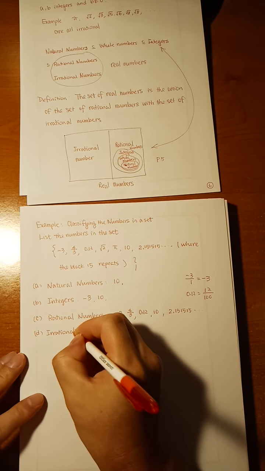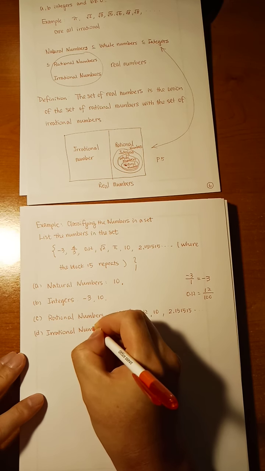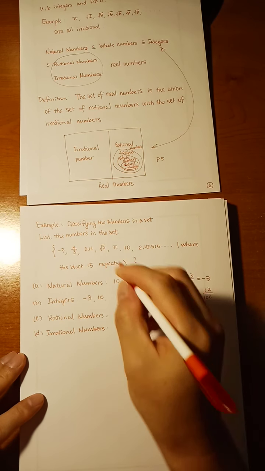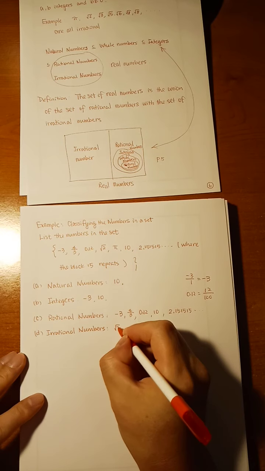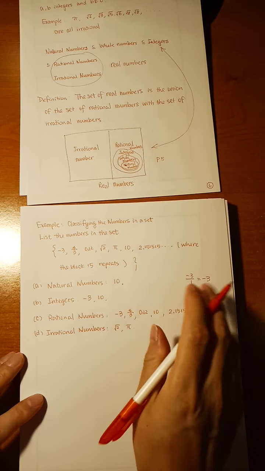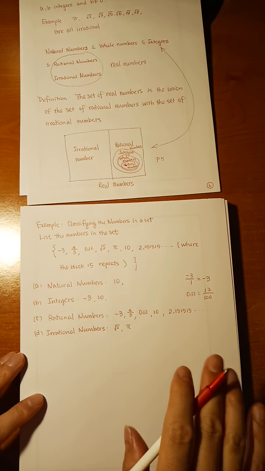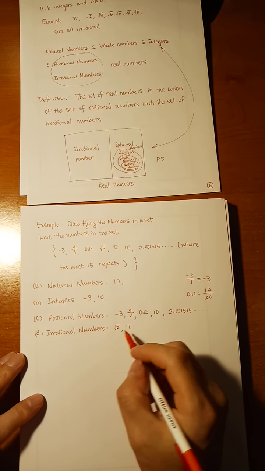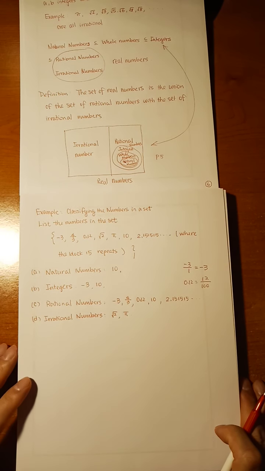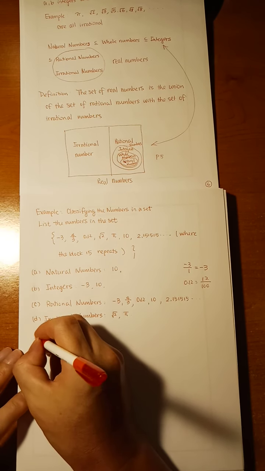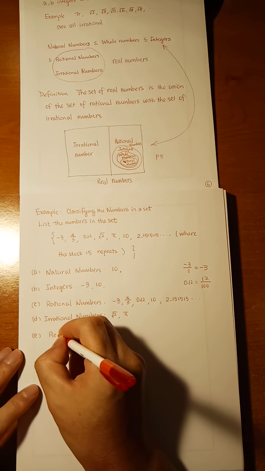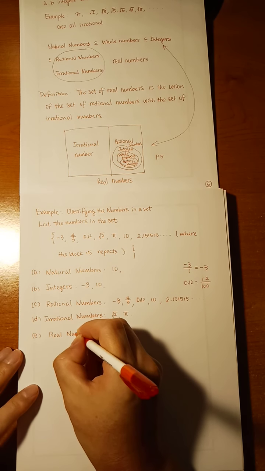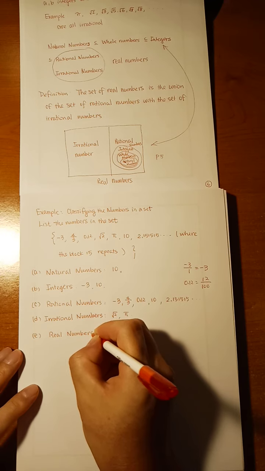Irrational numbers. Square root of 2 and pi are two typical irrational numbers. Real numbers.